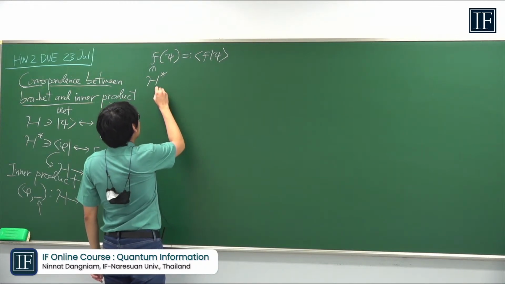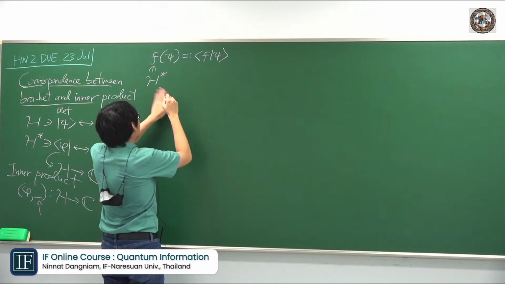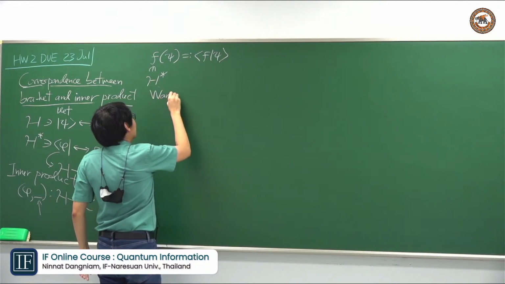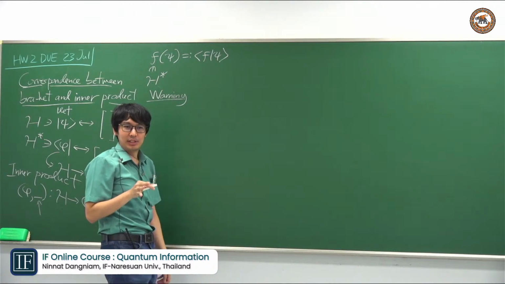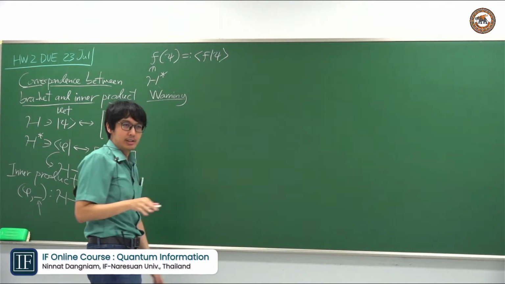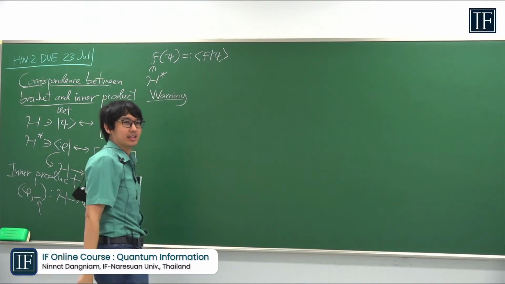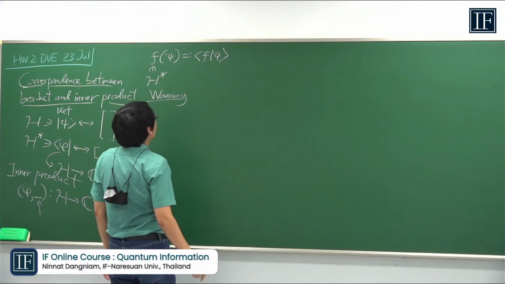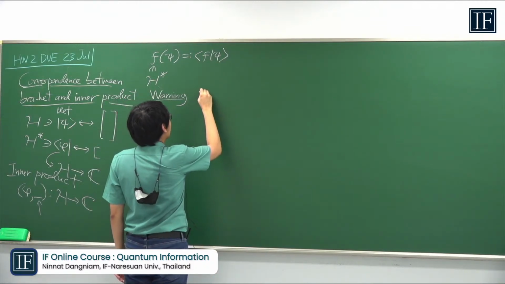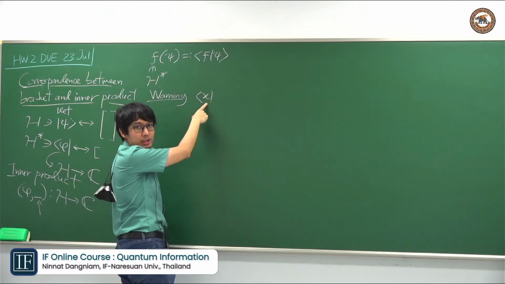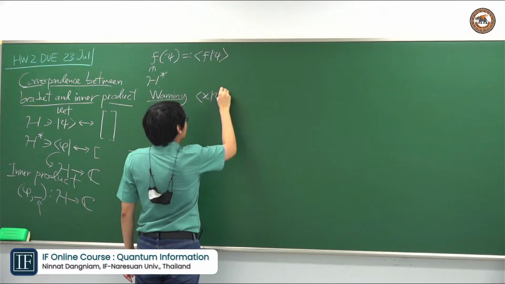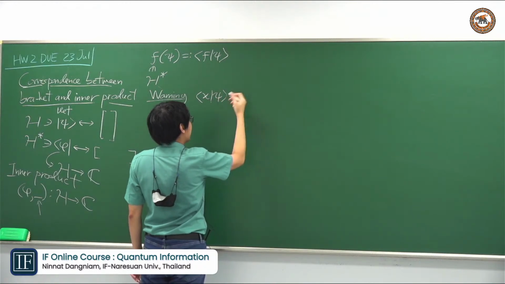Maybe first a warning: everything that we are doing here is in finite dimension. For infinite dimension, some shenanigans happen. For example, the position bra <x|, so this is the wave function, right?